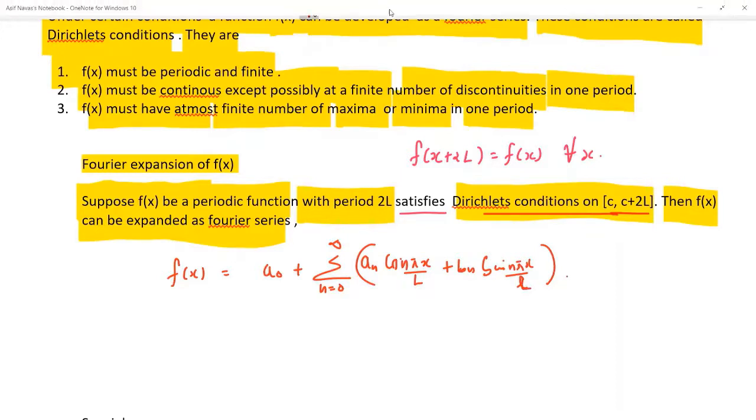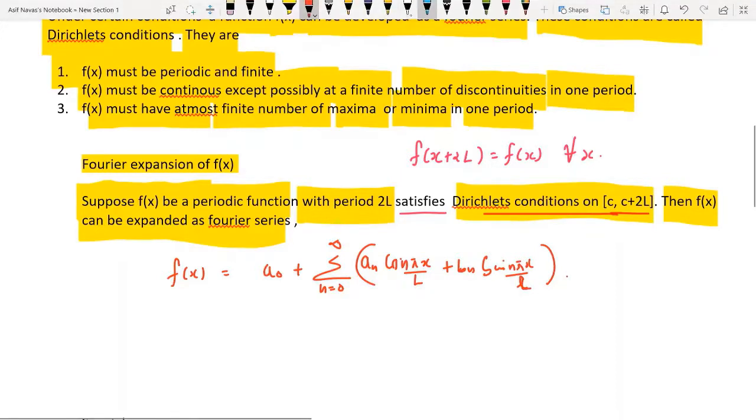Now here, a0, an and bn are unknowns. If you know a0, an and bn, we can find the Fourier series for any function which satisfies the Dirichlet conditions.